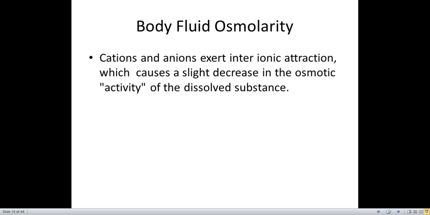This is because cations and anions exert interionic attraction, which causes a slight decrease in the osmotic activity of the dissolved substance, thus giving the corrected osmolarity.